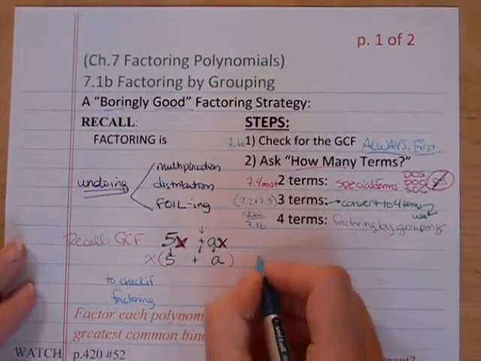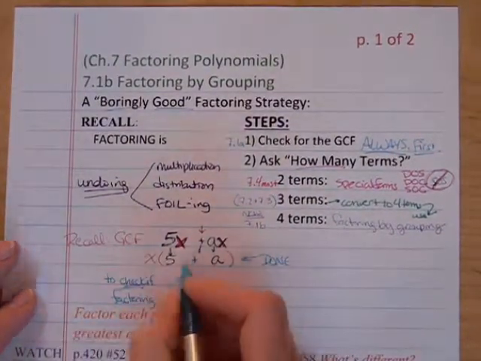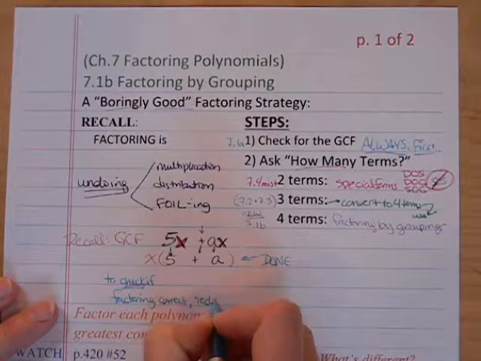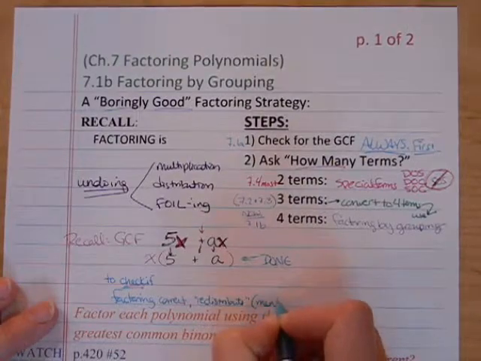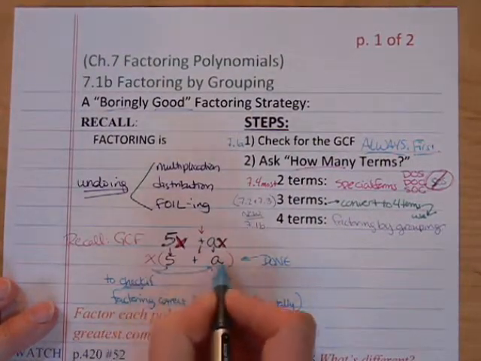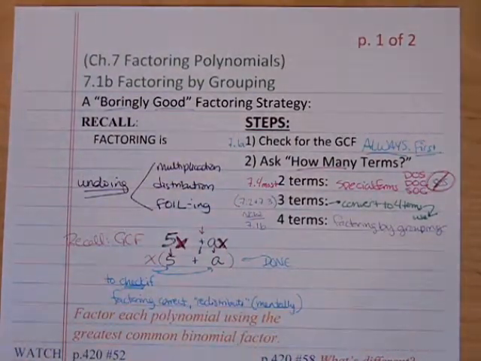Again, this is your final answer. This is where you're done, and this is just to check if the factoring is correct. You would redistribute. Usually this is done mentally in your head because you're just checking. So x times 5 plus x times a, yes, that gets you back to the original. Okay, so that would be your check.